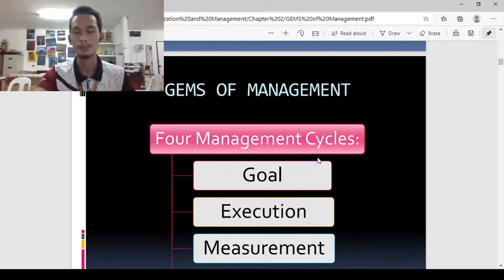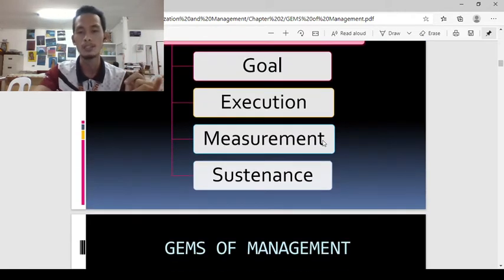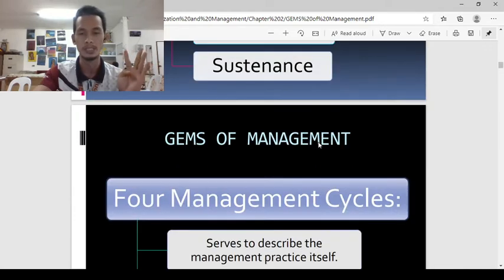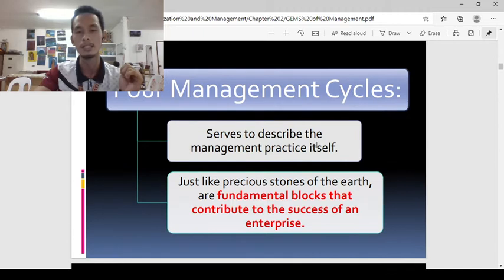So the GEM stands for the four management cycles or the management process: goal setting, execution of the plan, measuring results, and then sustaining operations. The gems of management, or the four management cycles, serve to describe the management practice itself.